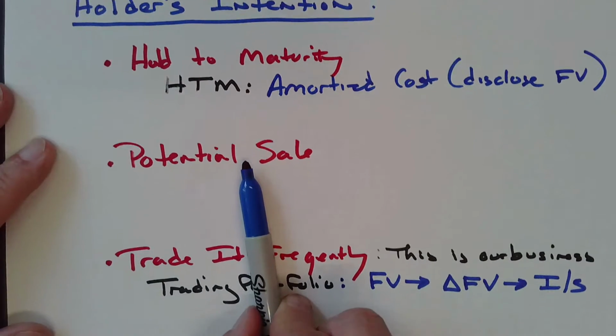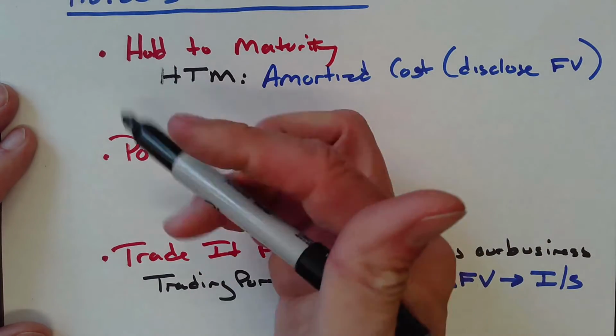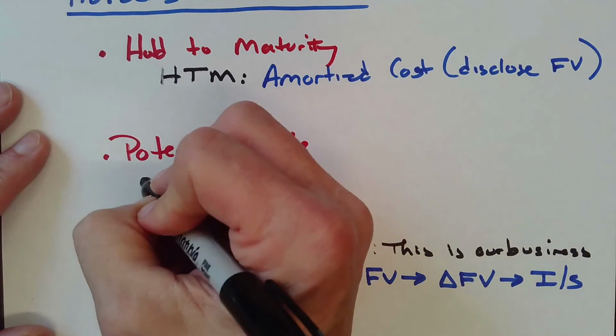This one is tricky. And this is what's referred to as an available for sale portfolio.